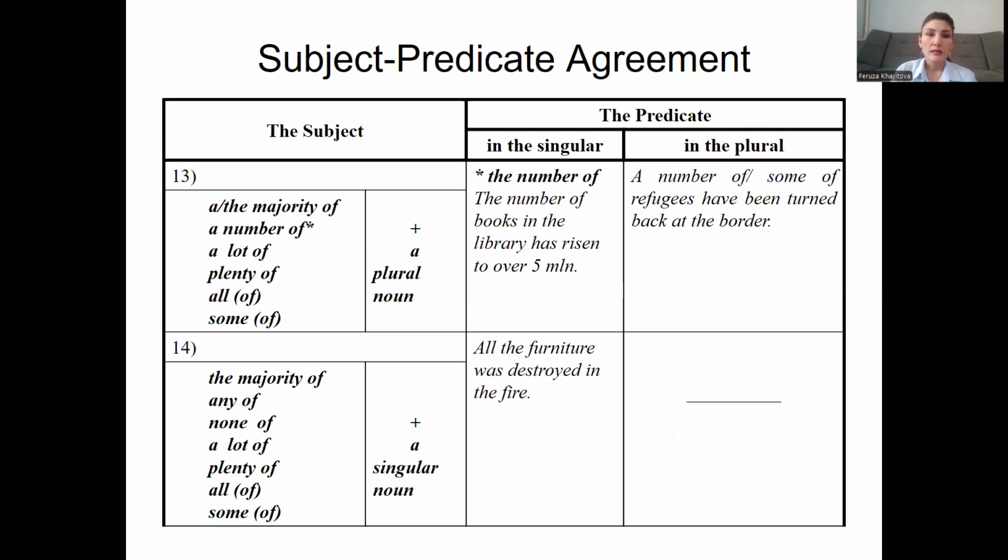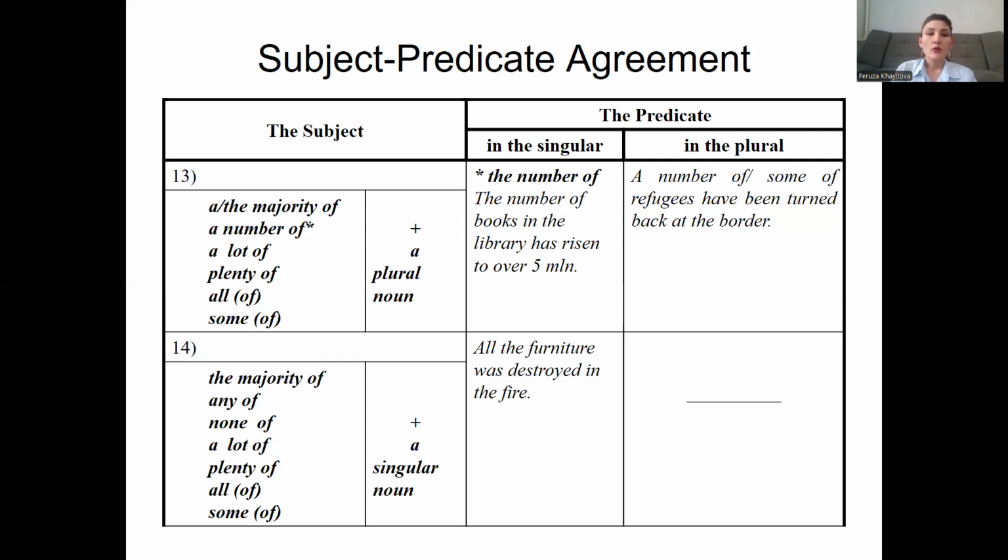Next one, a majority of, a number of, a lot of, plenty of, all of, some of, plus a plural noun. "The number of books in the library has risen to over 5 million." In the plural way, "A number of refugees have been turned back at the border."